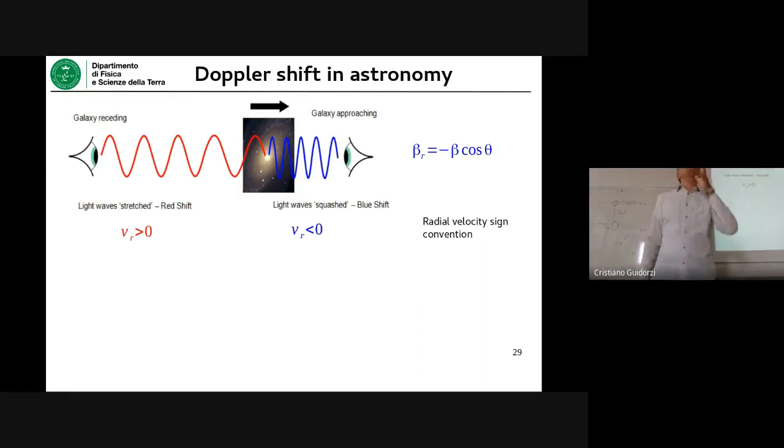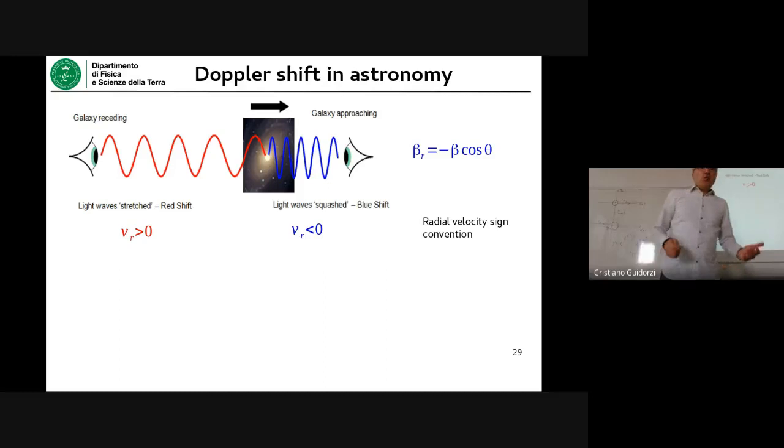Do not be fooled: maybe sometimes you might have to deal with a star, but radial doesn't have anything to do with the radius of the star. It's radial in the sense that you think you are the center of a sphere, you're looking at the source, so radial is just the projection on the line of sight to the source.